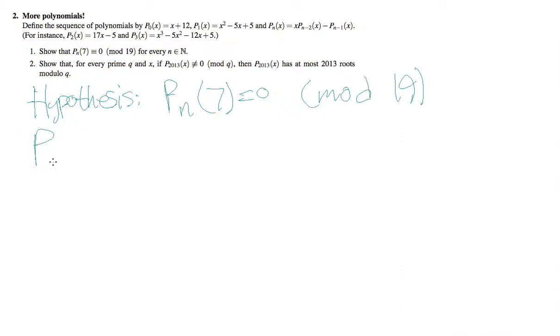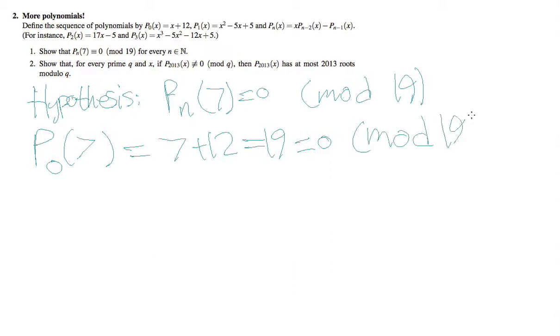So P0 of 7 is equal to, well, from here we know that P0 of x is equal to x plus 12, so it's equal to 7 plus 12, which is 19, which is 0 mod 19, right? What about P1?